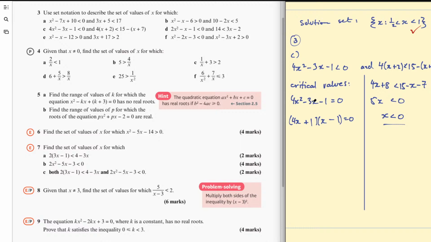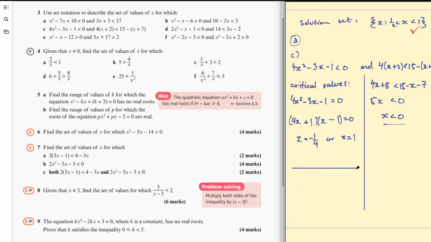That should give me -3 and -1 on the end. Yep. So then my critical values are x equal to -1 on 4, or x equal to 1.